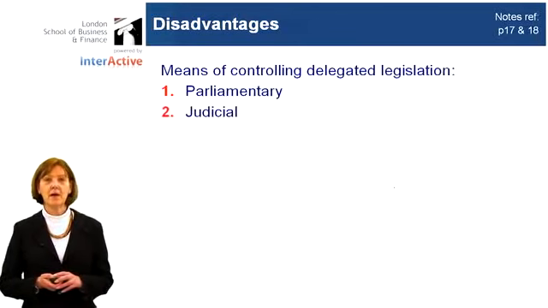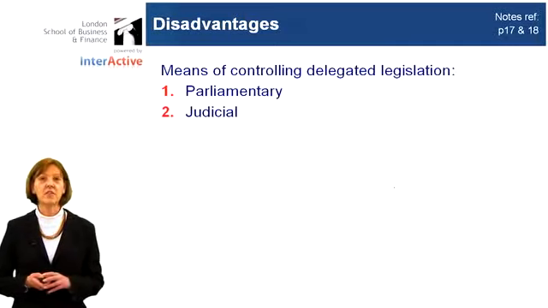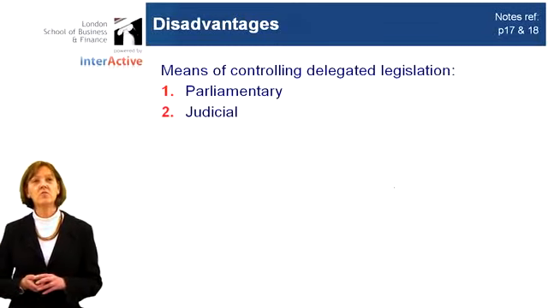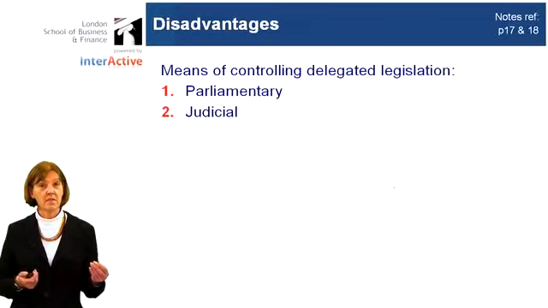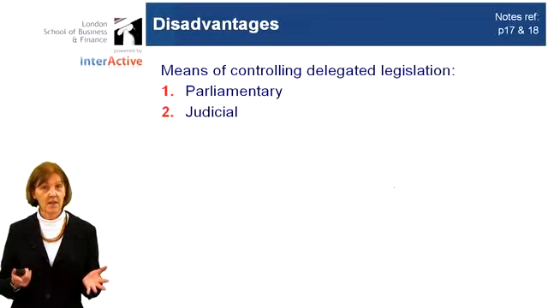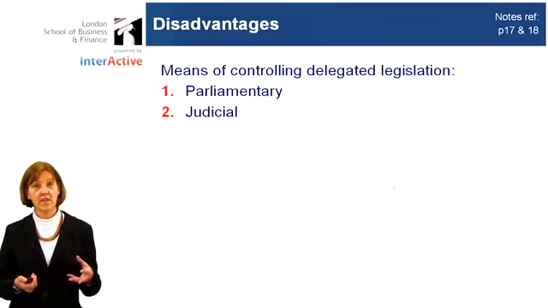More important perhaps than parliamentary control is judicial control. The judges, the courts. It's called judicial review. The judges have the power to review the validity of delegated legislation. And if they find that the minister exceeded his powers, acted beyond the limits set out in the Enabling Act, then the judges can declare that statutory instrument to be ultra vires and therefore void and illegal, in a way that they could not do for Acts of Parliament.